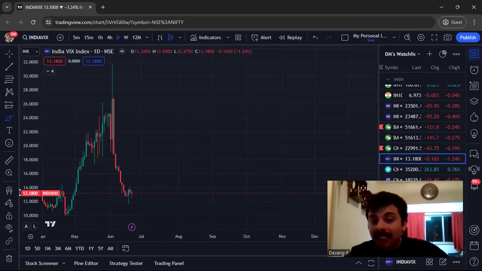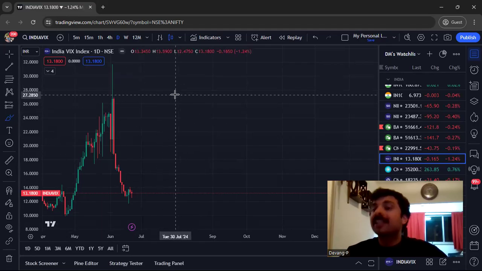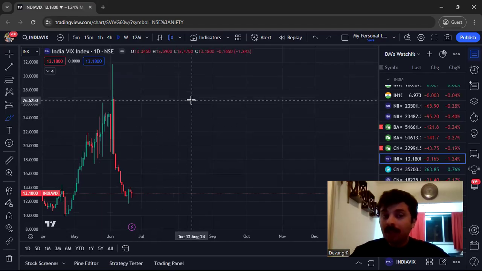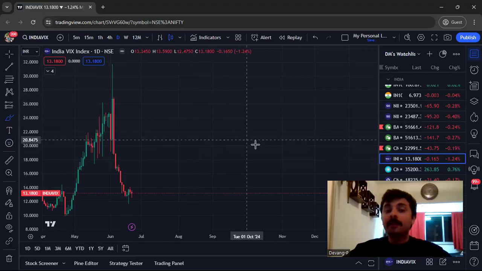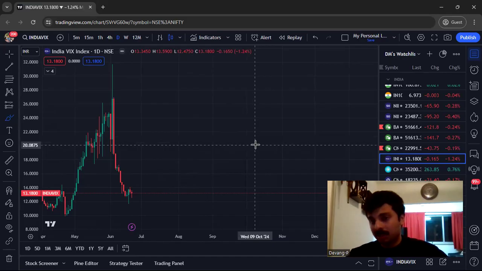So if 13% is an annualized figure, how do I know what movement can take place in a month, or what movement can take place in a day? Please understand, implied volatility and the volatility index will not tell you the direction of the movement. They will not tell you that.